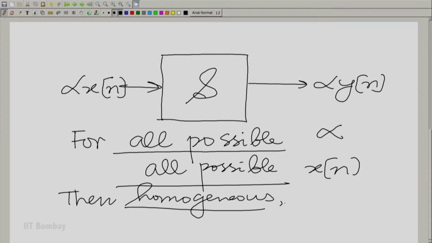Another way of saying it is the system obeys the property of scaling, or it is a system that obeys the property of homogeneity, whatever you like to say, they all mean the same thing.